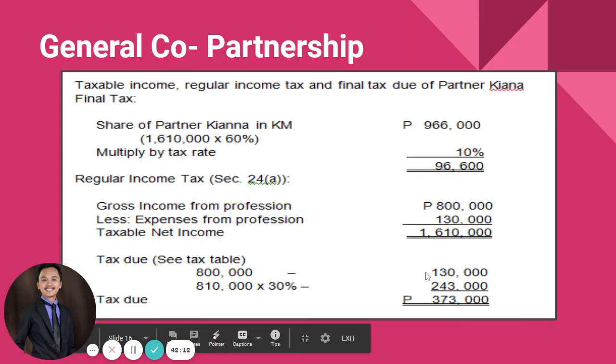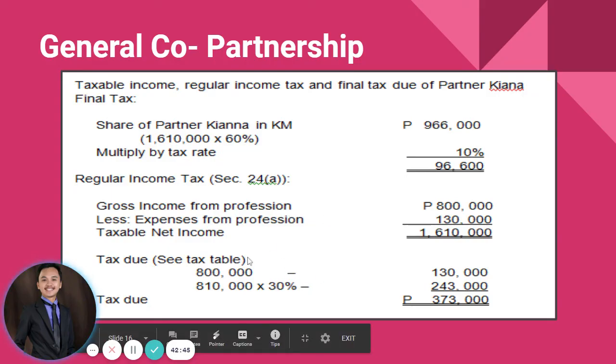So that's 130,000 for the first 800,000. And then in excess, we have 810 times 30%. So we have 243,000. So the total income tax due of Kiana will be 373,000 if again Kiana opted to use the tax table. But take note, Kiana is also allowed to use the 8% tax rate for her income from practice of profession.